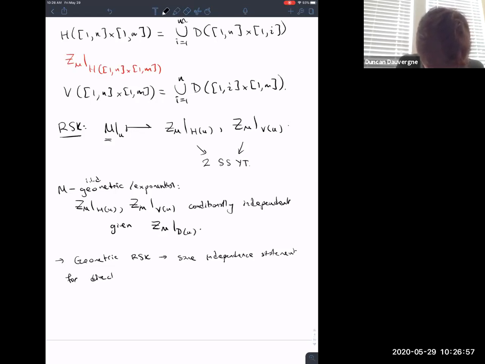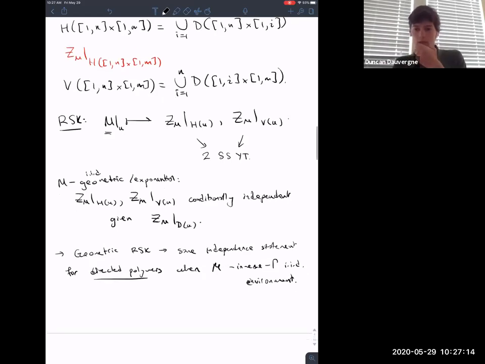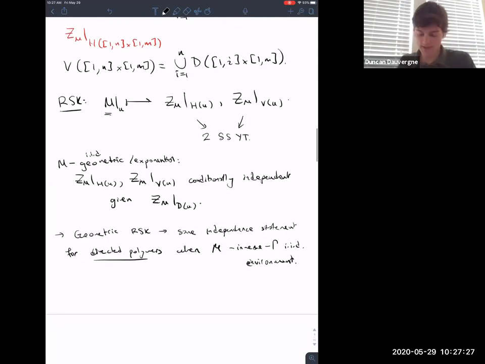For directed polymers, when M is an inverse gamma IID environment, so this is the log gamma polymer. Again, as I said, we're going to treat these structures exactly the same way. The important thing here is that you have this conditional independence statement. So RSK gives you this partial decoupling structure for certain models.